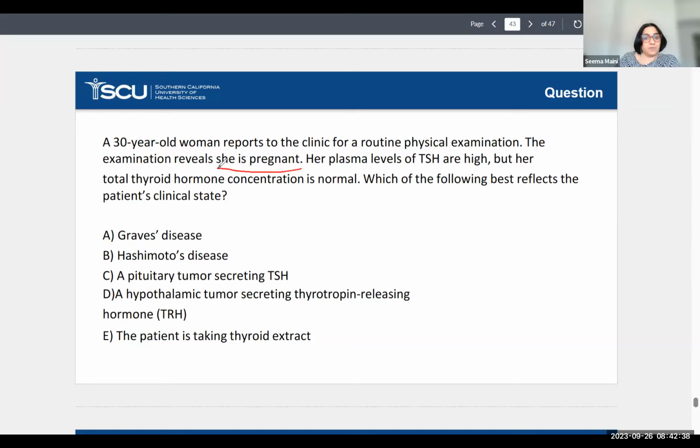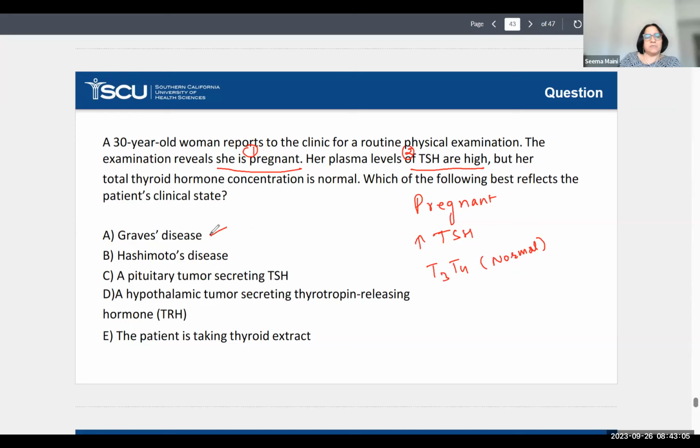Examination reveals she's pregnant. Her plasma level of TSH are high. So pregnant, high TSH. The total thyroid concentration is normal. So T3, T4, normal. Which of the following best reflects patient's clinical state?